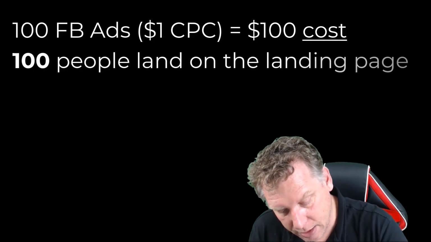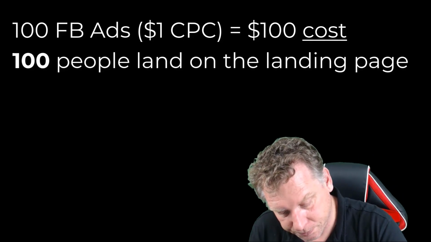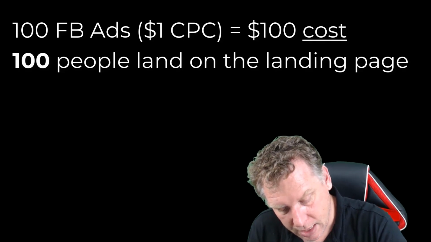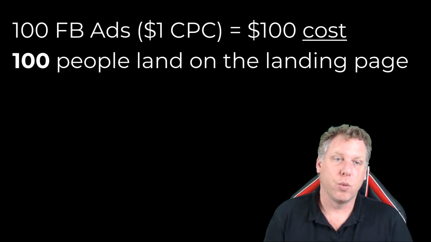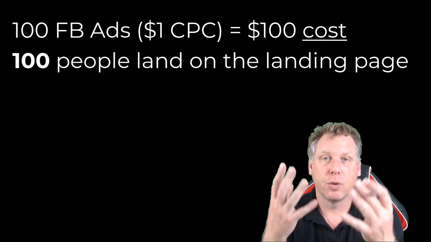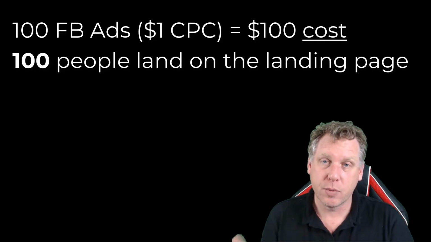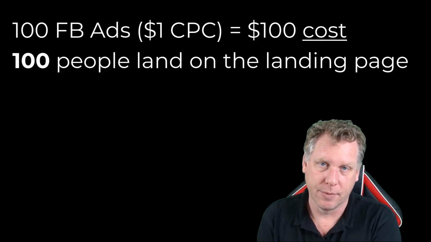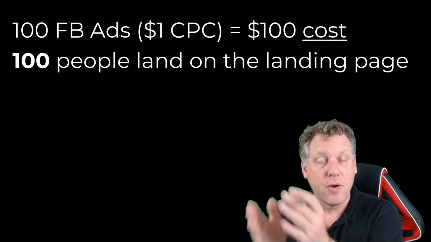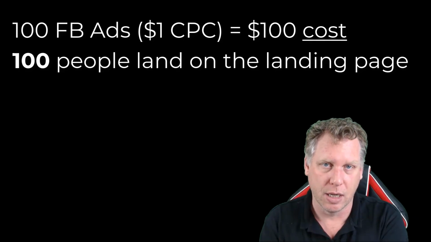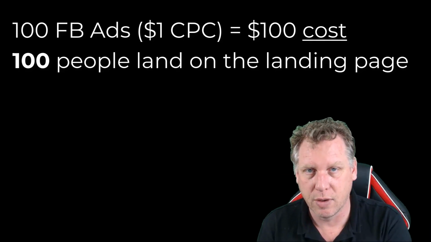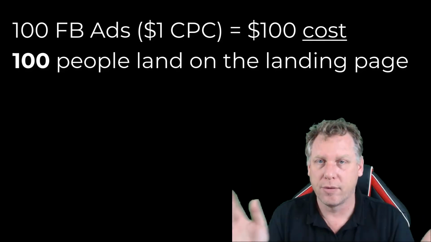So on our landing page we get 100 people in, and of those 100 people we want to build some trust. So the first thing we're going to do is give something straight away. Remember that the adverts are going to be ultra targeted. This goes right back to the first video of the course. This is not just a general fire and forget.